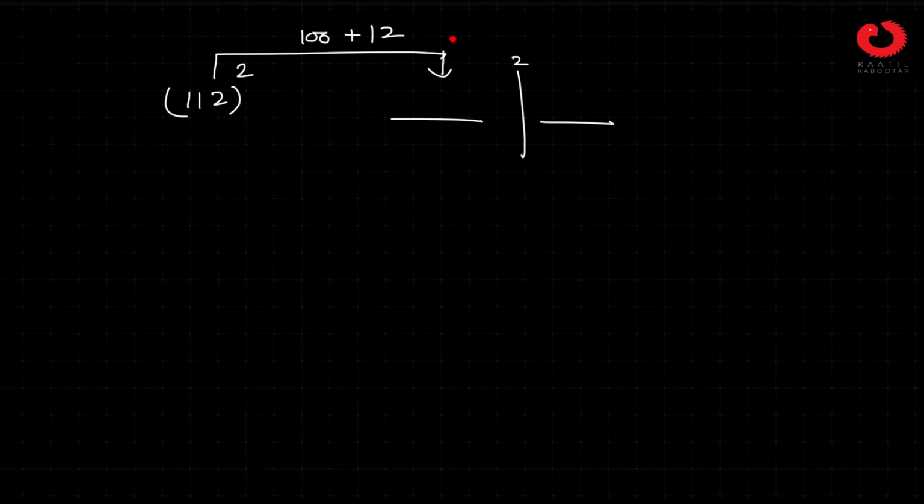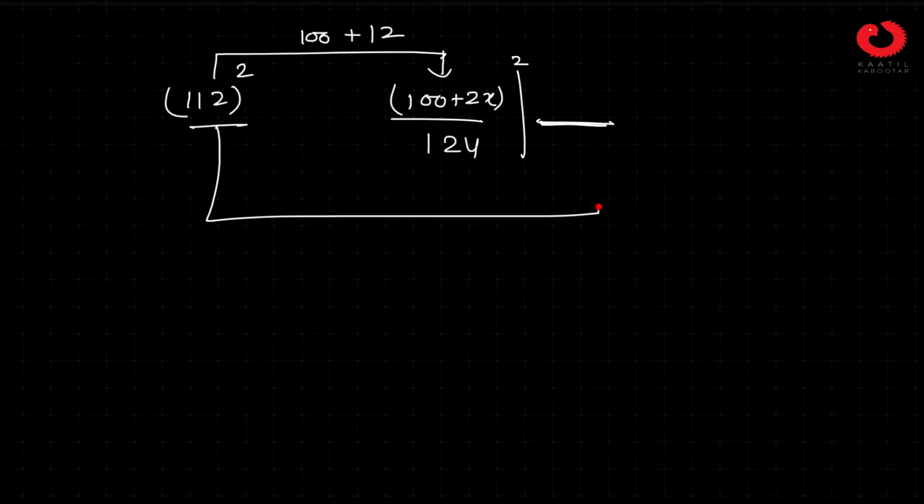So I will add this 12 again to this number, or I will add 2x over here, which will be 124, and the last two digits will be 12 square, which is 144. As this is 2, only 2 digits will remain, and this number will go over here, so it will become 12544.